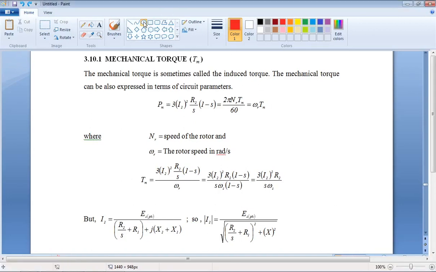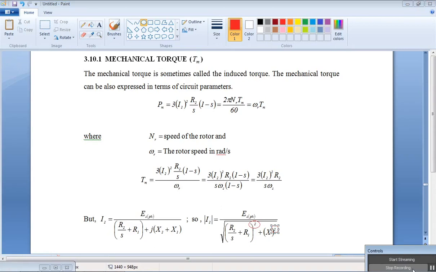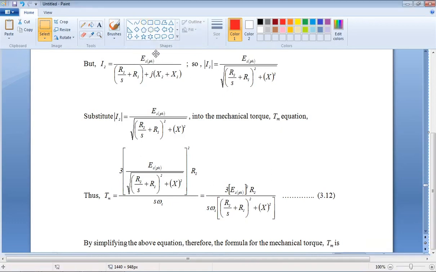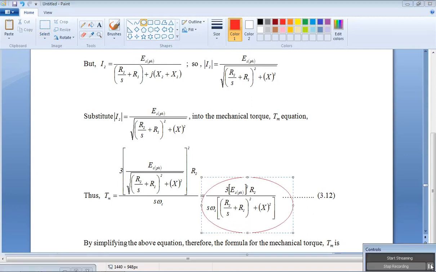We have to square both parts of the denominator of I2, and then take the square root of the denominator, and the effect of the imaginary part will be eliminated. Then we substitute the equation for the magnitude of I2 back into the equation of mechanical torque. So finally we will get this equation.